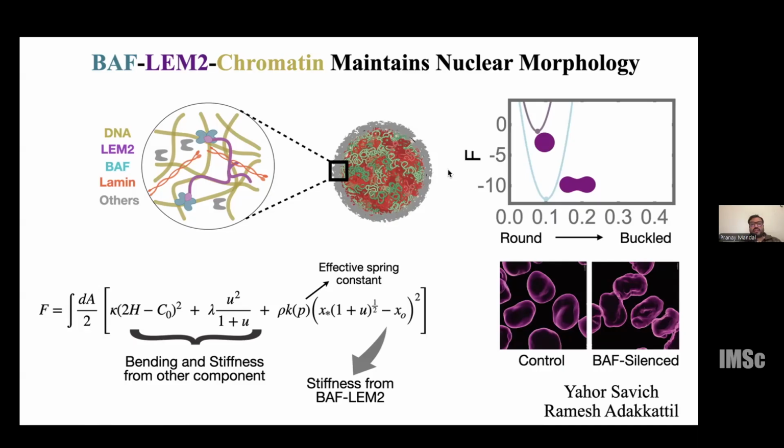Yes. The knockdown of BAF is breaking this cross-bridging effect, and that is reducing the effective surface tension of this nuclear shell. You are correct. What we are seeing is a decrease of the effective surface tension, and we are modeling it as a decrease in the effective tension.